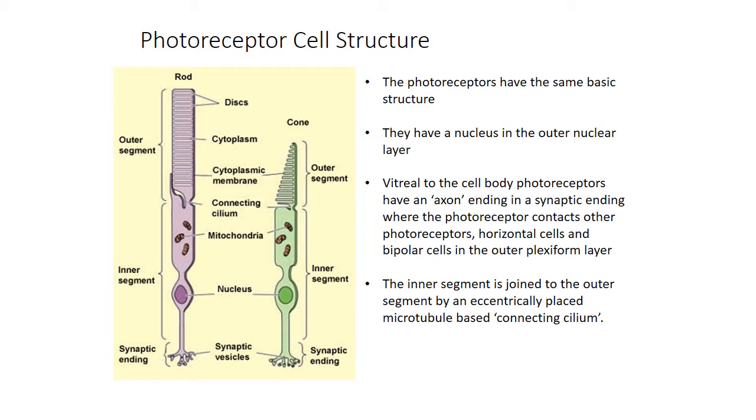Then there's a connecting cilium that connects the outer segment to the rest of the cell, which encompasses the inner segment and the synaptic ending. The inner segment has organelles such as mitochondria, while the synaptic ending has synaptic vesicles, and the photoreceptors use glutamate as neurotransmitter.